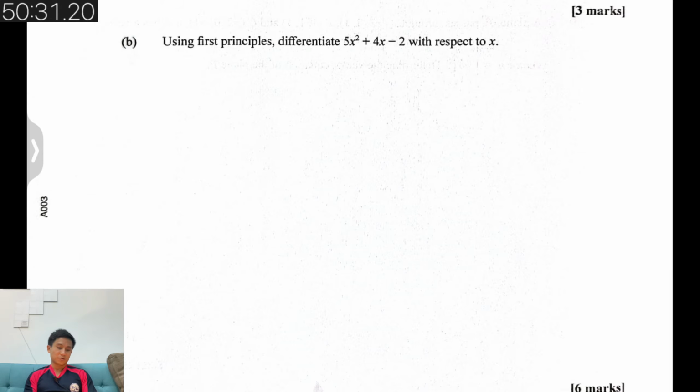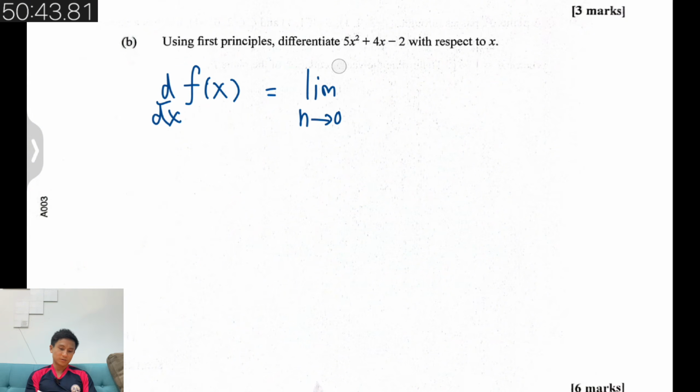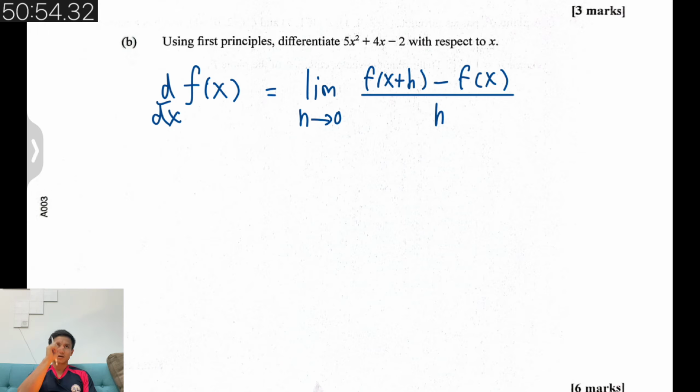Using first principles, differentiate that with respect to x. Now the formula for first principles is d by dx of f(x) equals the limit of h going to 0 of f(x plus h) minus f(x), over h. That's basically finding the gradient of two points that are very, very close together on the line, yeah?